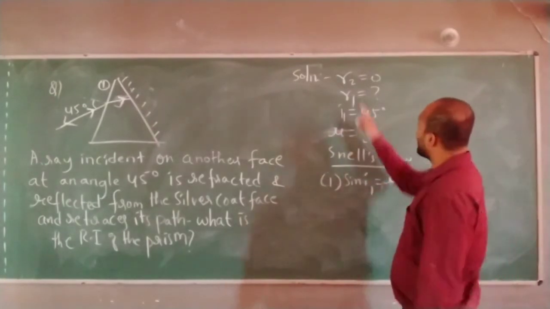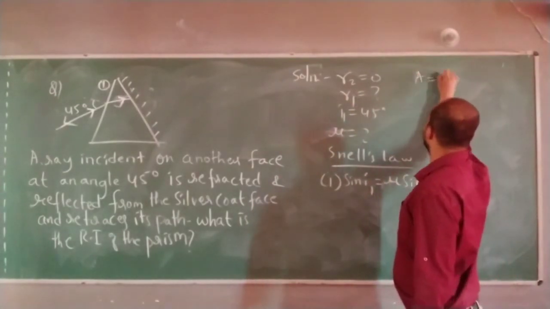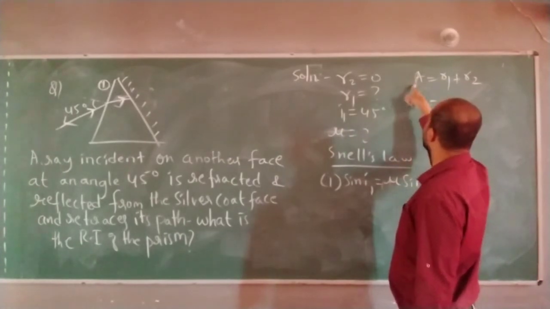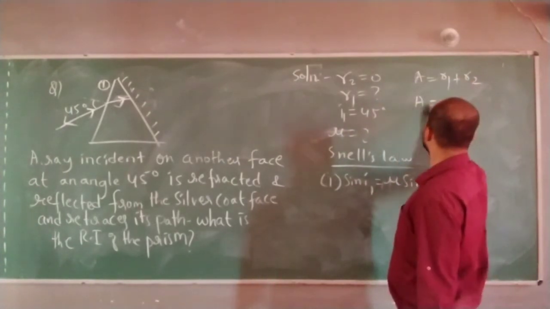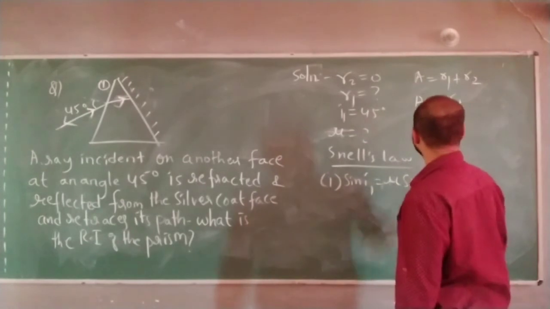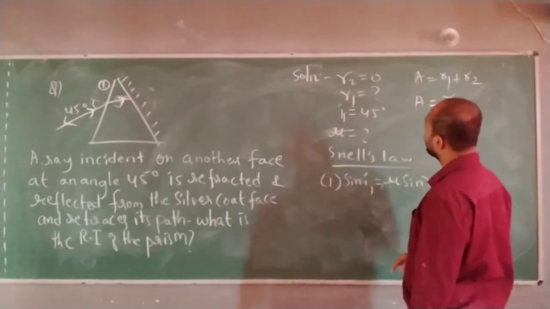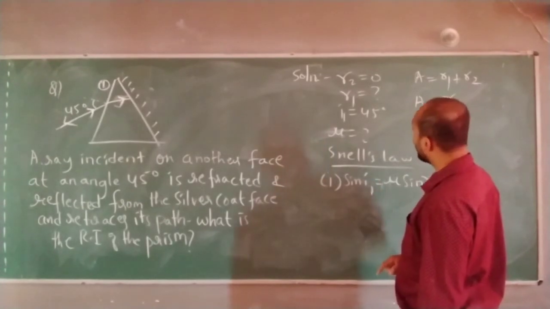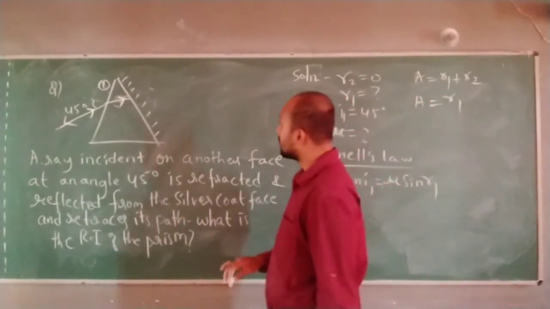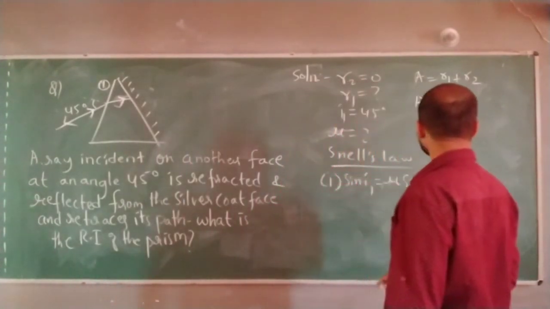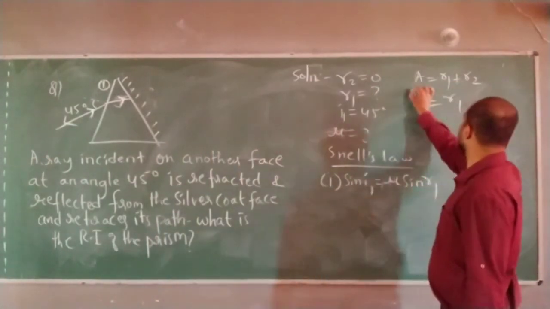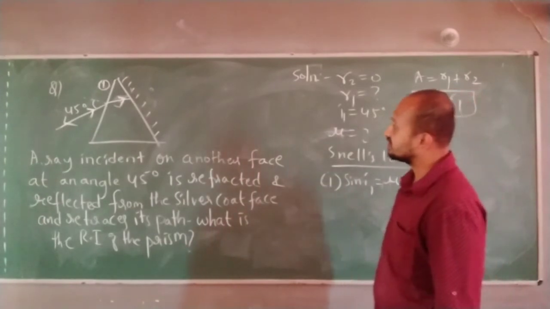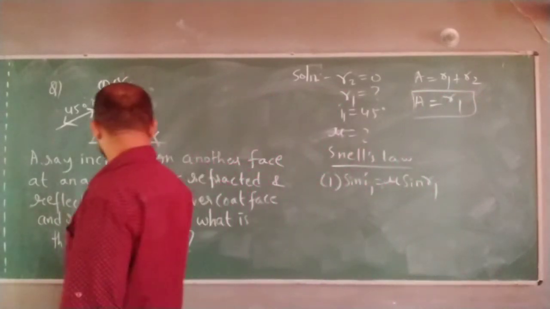How can I find? R2 is equal to 0. A is equal to R1 plus R2. So A is equal to R1 here. What is the value of A? It is not given. One relation I came to know, A is equal to R1. So let's see what else we can find.